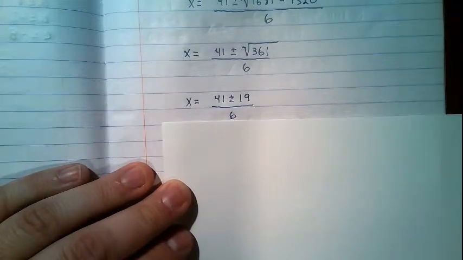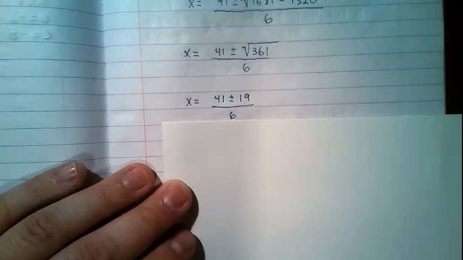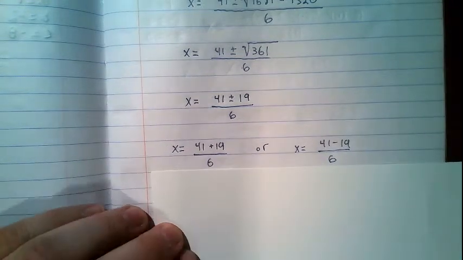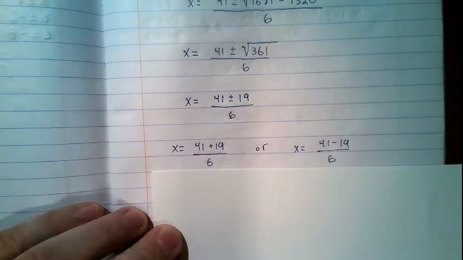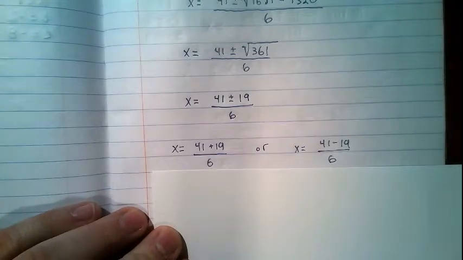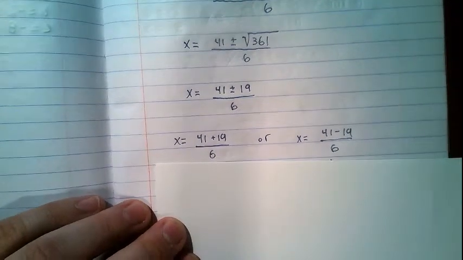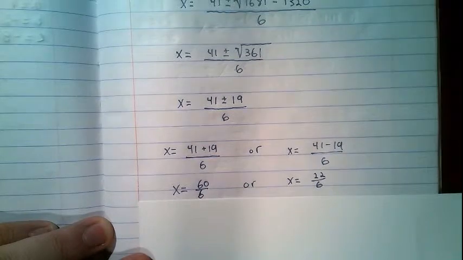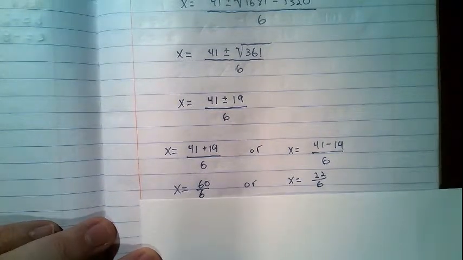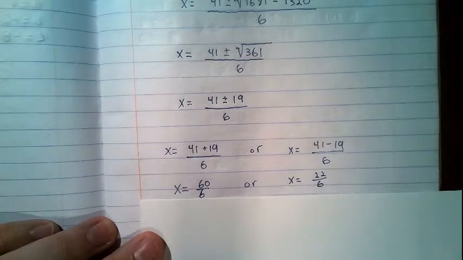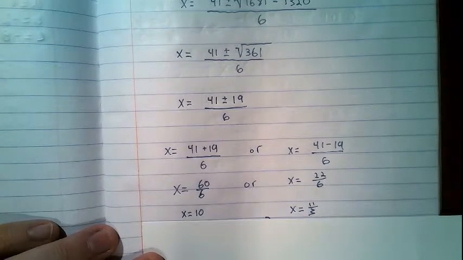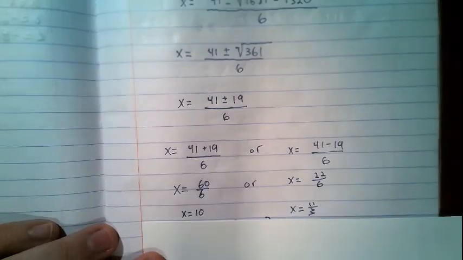And finally, I have to account that it's a plus and a minus, so that means that x can either be 41 plus 19 divided by 6, or 41 minus 19 divided by 6. And I keep doing the math out for that. 41 plus 19 is 60 over 6. 41 minus 19 is 22 over 6. And so I get as my solutions, x is 10 and x is 11/3.